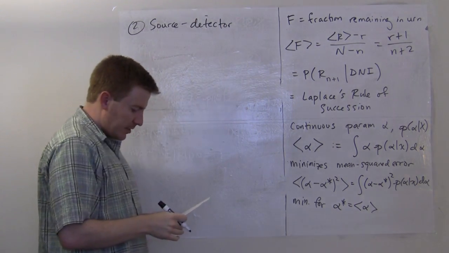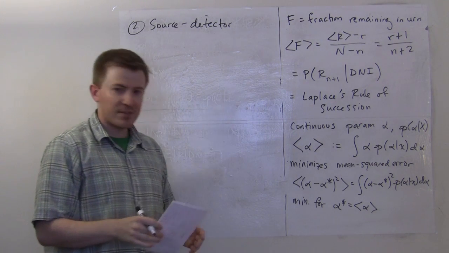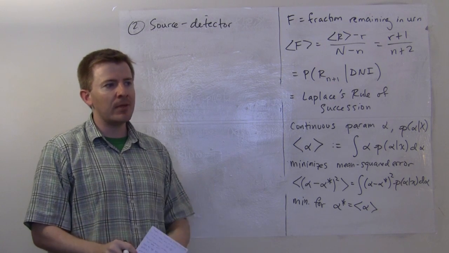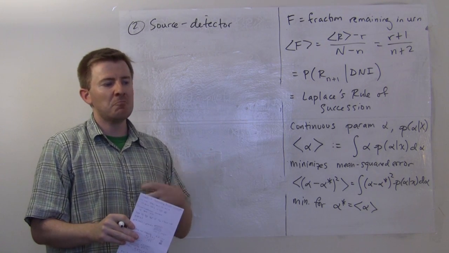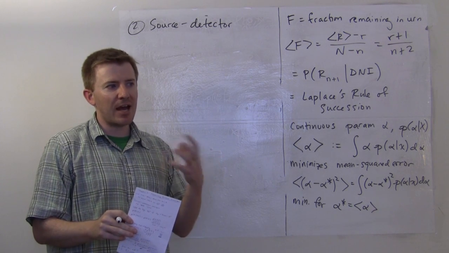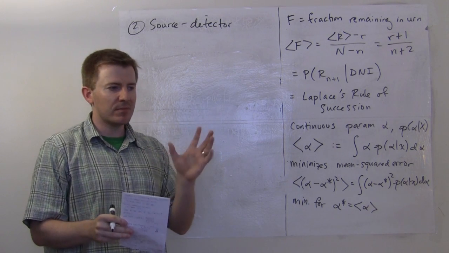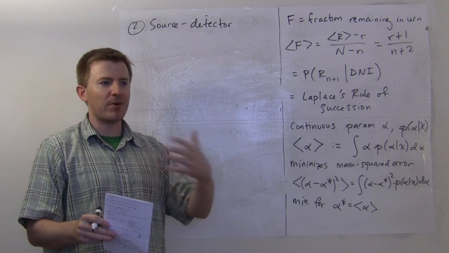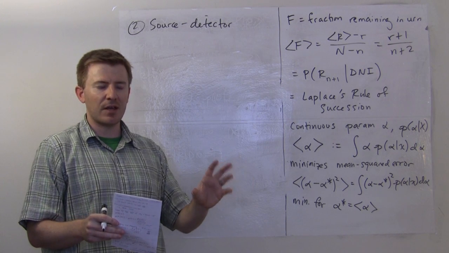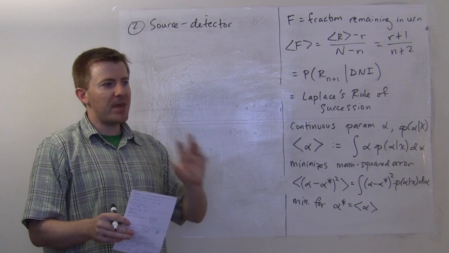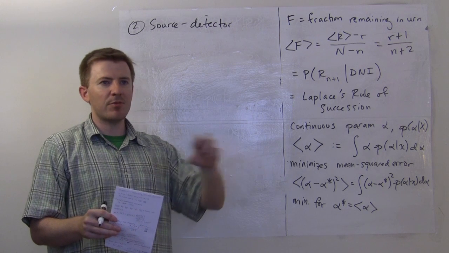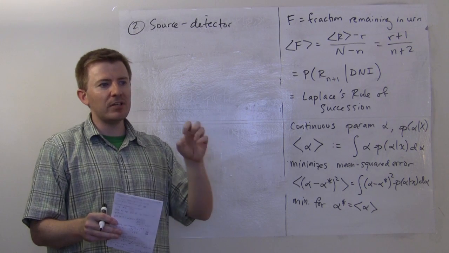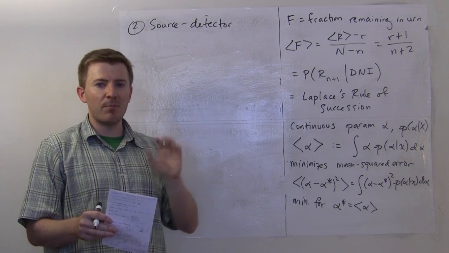It has basically the same common setup each time. We assume there's some source of objects or entities of some characteristic that we're interested in. Some source is producing these according to some process that is a little bit unknown to us. We'll see what that means. Then we pass them through some kind of detector that only notices each of them with some probability.